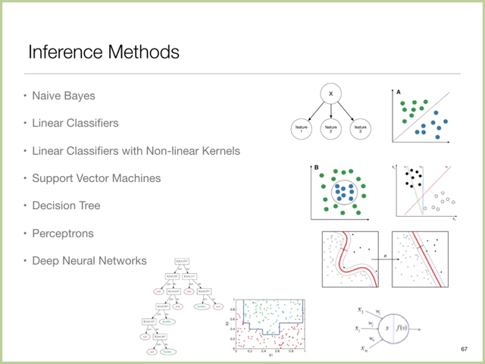Support vector machines, decision trees, multi-layer perceptrons, and deep neural networks. All of these currently exist and are very robust tools. I'm sure you have seen them in various classes, but I'll very briefly describe some of these things.